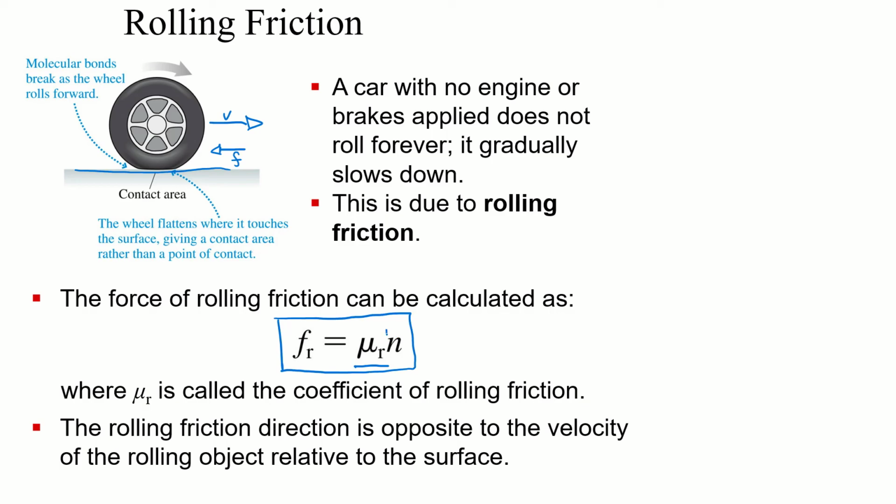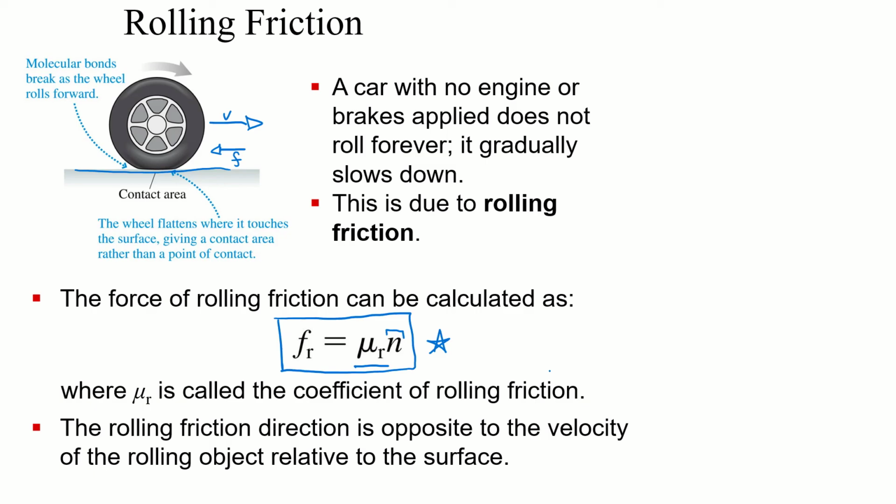The normal force is how hard those surfaces are pushed together. And this will give us the magnitude of rolling friction, and knowing the direction that object's rolling will give us the direction of that rolling friction. And that's pretty much it. You treat it the exact same way you would treat kinetic friction.